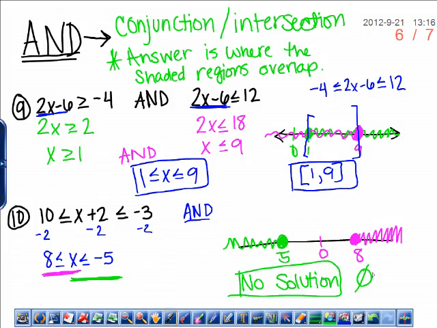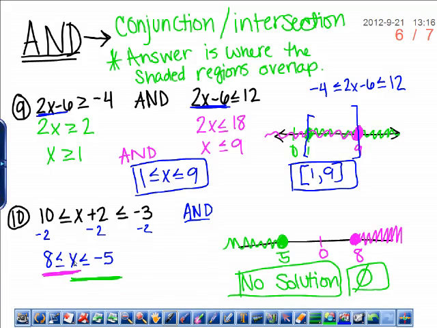Now, if you stop here and you give me this as your answer, you're going to lose almost all the credit. I might give you 1 point for subtracting 2. You have not understood what that means if you just leave that as the answer.